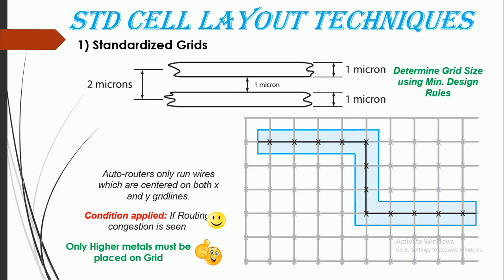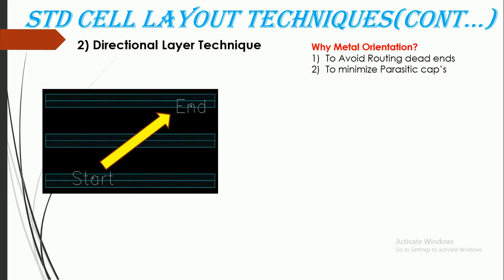Then next, getting into the second technique, we have directional layer techniques. Before getting into this, one more question normally people will ask: why is metal orientation required? Metal 1 should be horizontal, metal 2 will be vertical, then metal 3 will be horizontal.